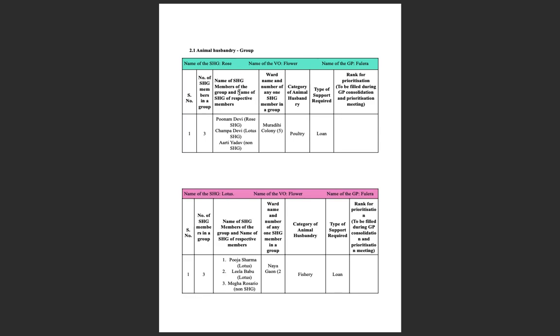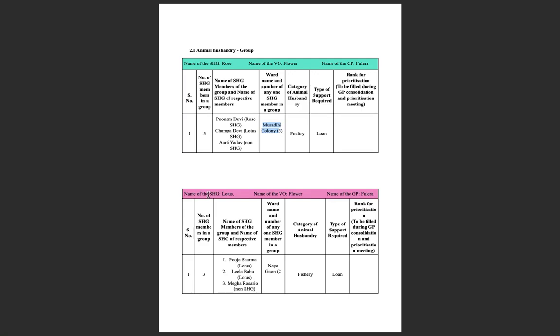Name of SHG member of the group and name of SHG of respective member has to be written down. Ward name and number of any one SHG member has to be written. Category of animal husbandry is poultry and the group requires loan to start this animal husbandry. Again, the rank column has to be left blank.